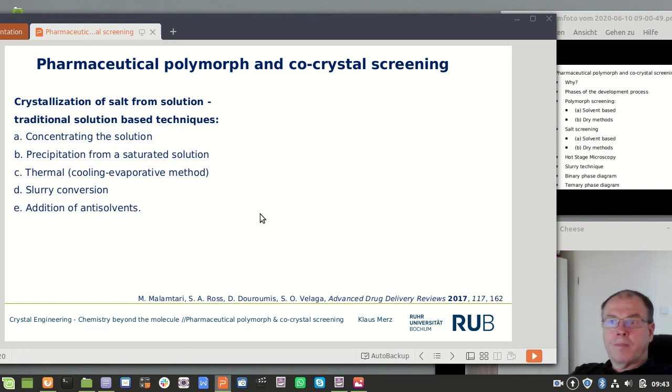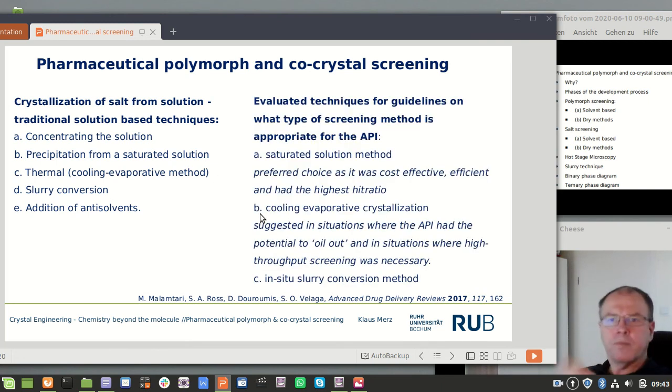Now, if you look at all these parameters which could be tuned, the question is, what is the most successful method in salt screening from solution? There's a very nice study where he looked at all this development and all the studies of salt screening of APIs, and this is the result.